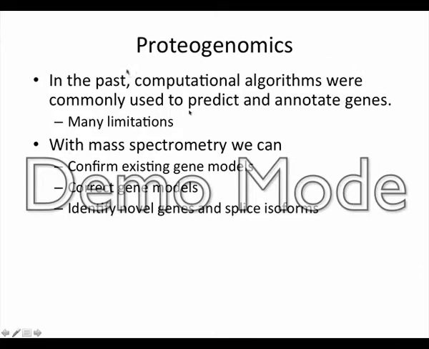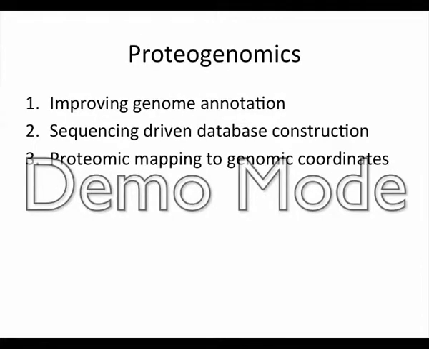In the past, computational algorithms were commonly used to predict and annotate genes, but there were quite a few limitations surrounding these algorithms. With mass spec, we can both confirm existing gene models and also correct the gene models that we have, and then also identify some novel genes and splice isoforms based on the proteins that we find that are actually within our sample.